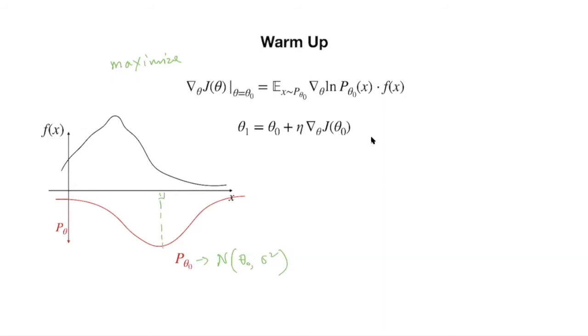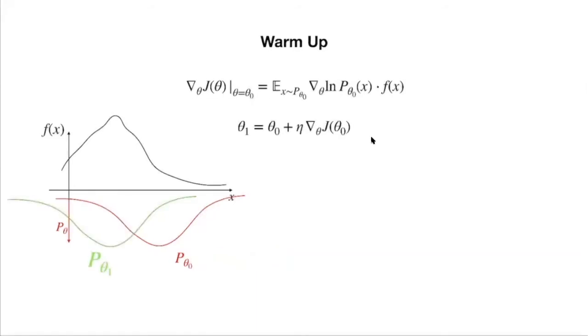So if I do one step of gradient ascent, intuitively I push the distribution a little bit left, because now the peak of the distribution and the peak of the function are slightly more aligned compared to the previous distribution. So when I do gradient ascent, I'm gradually pushing the mean of my distribution a little bit left, right?